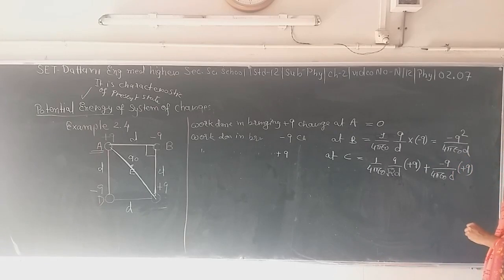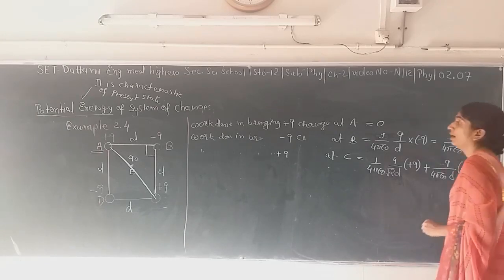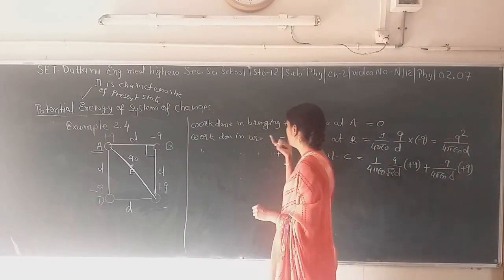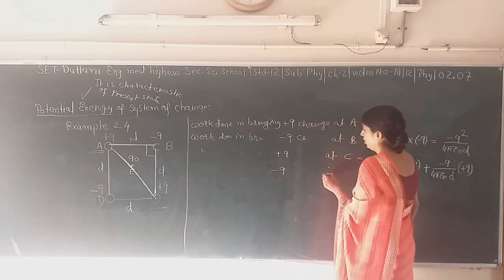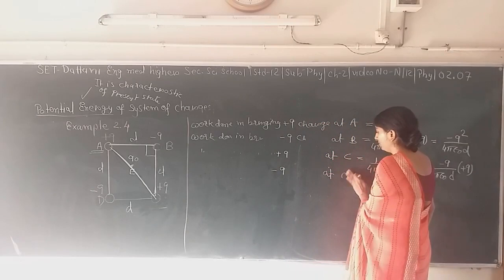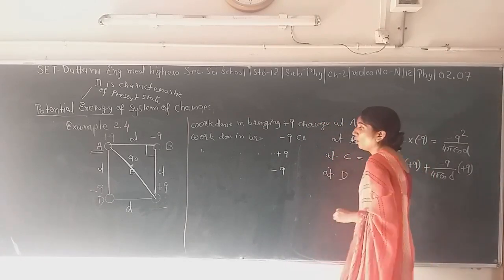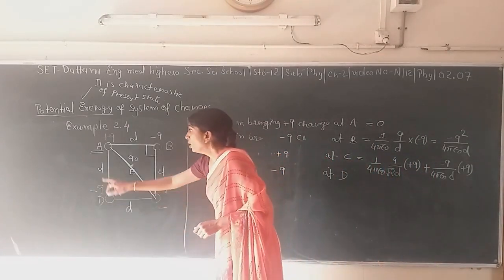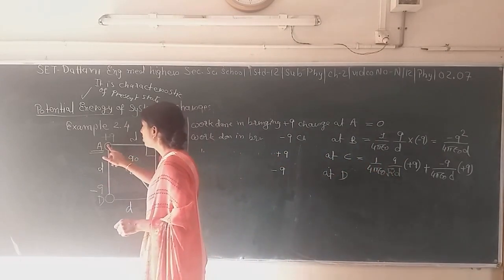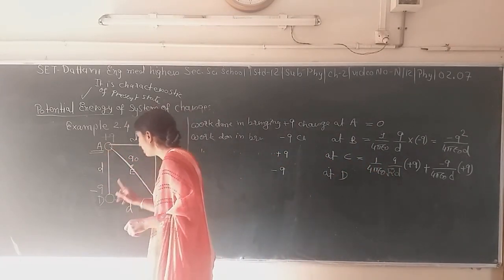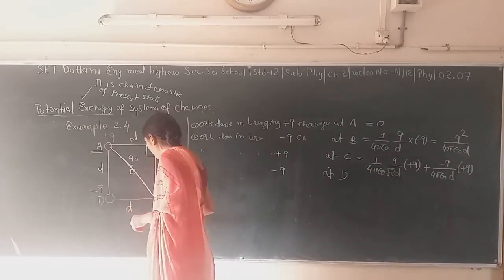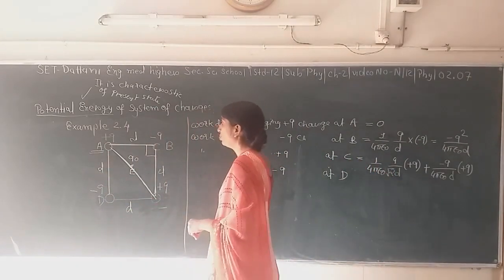Done. Next is work done in bringing charge minus Q at D. At point D we are bringing it. Over here the potential due to A is going to affect, potential due to B is also going to affect, and potential due to C is also going to affect.